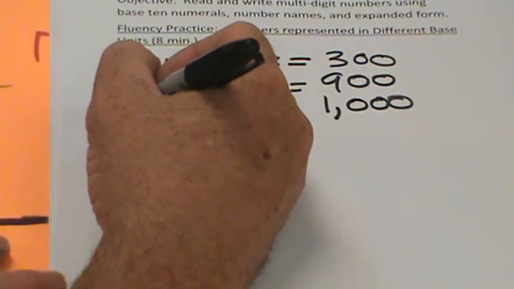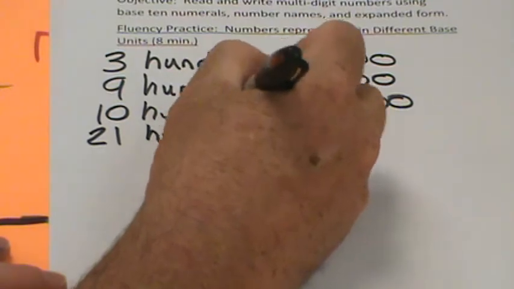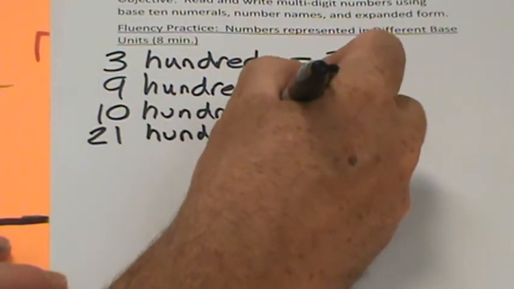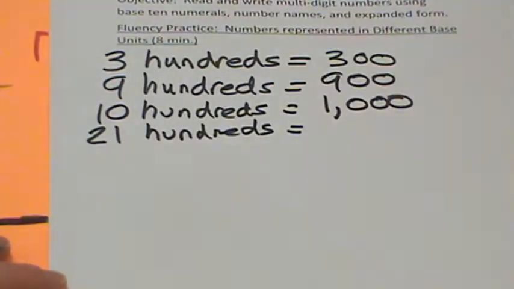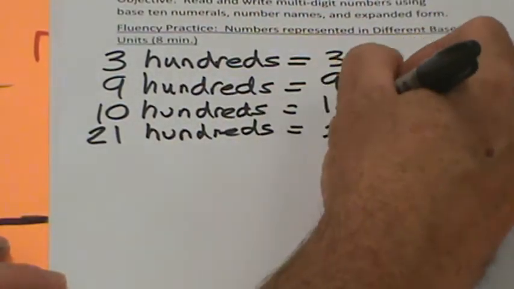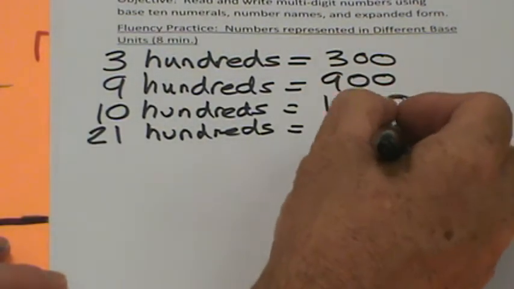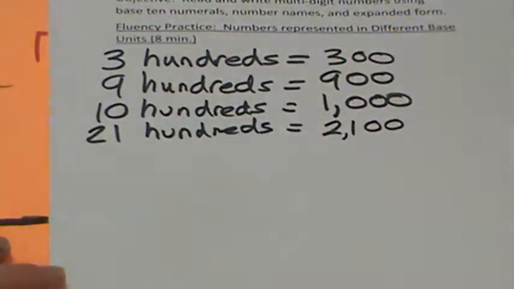Here we go. Let's do 21 hundredths. What in the world would 21 hundredths look like in standard form? Well, think about it. There's 10 hundredths, so I'm going to write 21 and add on 2 zeros to show it's 21 hundredths. 1, 2, 3, comma.